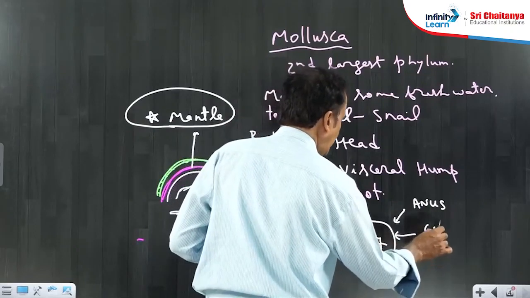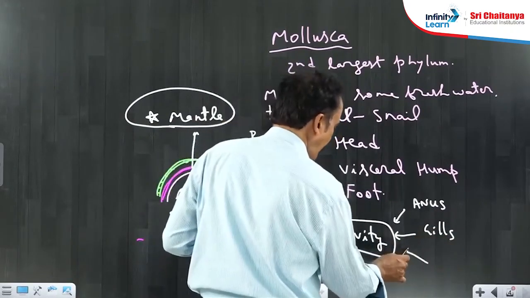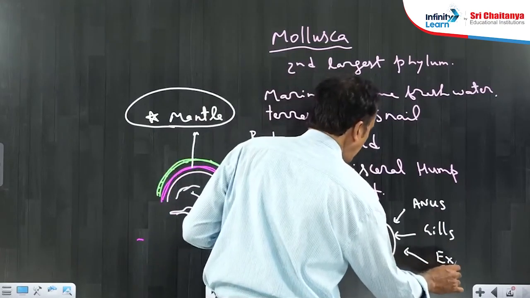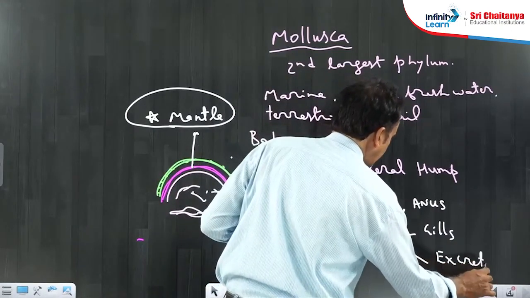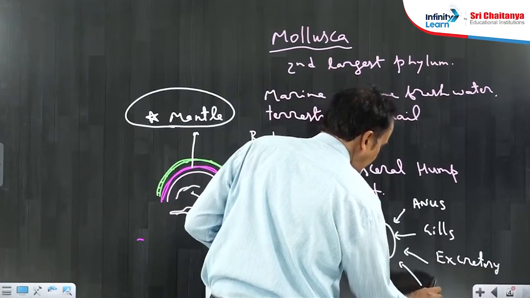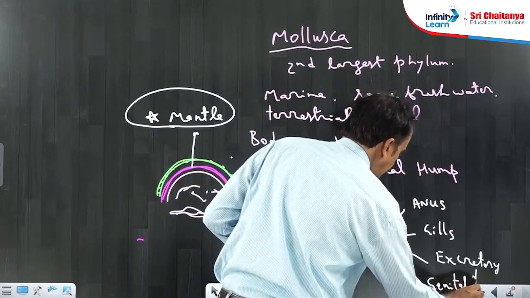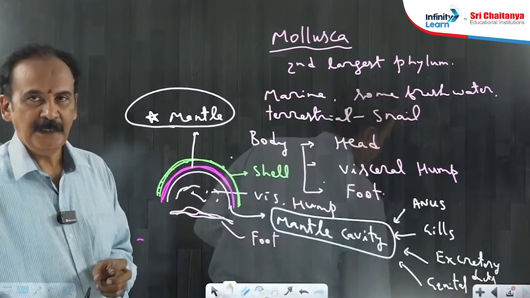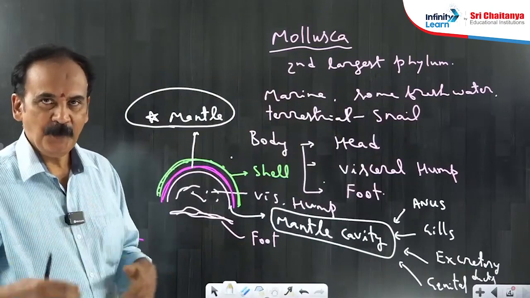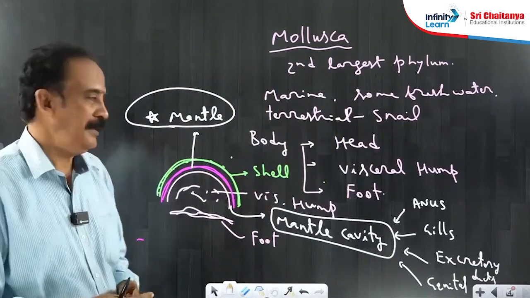Gills also will open into this mantle cavity. Excretory structures also will open into this, and also the genital ducts will open, right? The undigested waste will be released into the mantle cavity. From there it is sent outside.